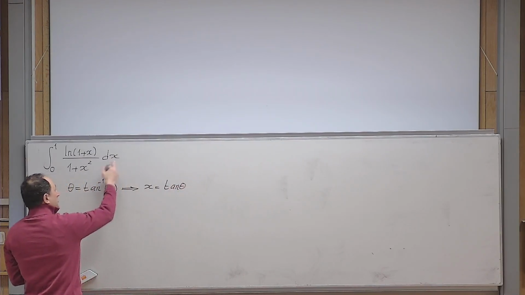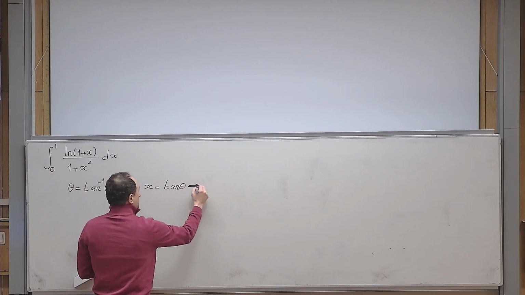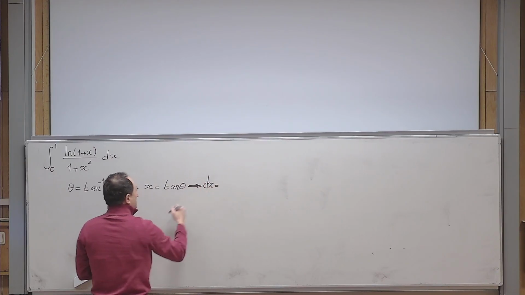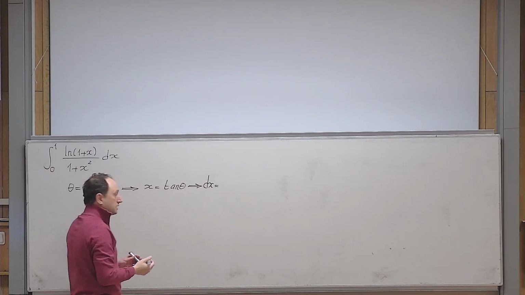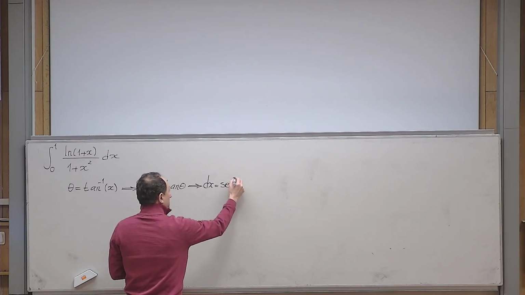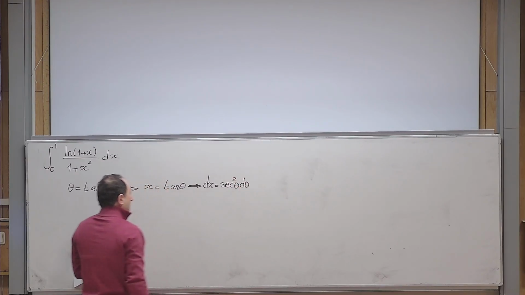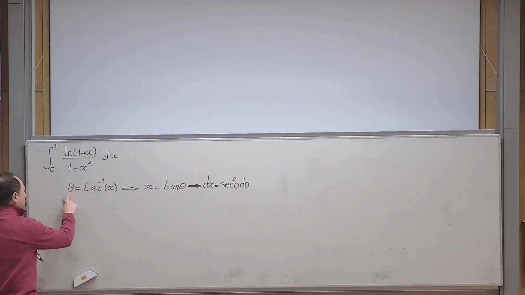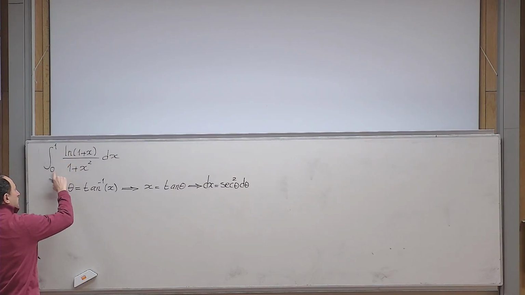Yes, and of course because you need dx, this motivates you to differentiate both sides, but the derivative of tangent theta is secant theta squared d theta. And then, because you have introduced a new variable, this will affect your bounds, the lower bound and upper bound.